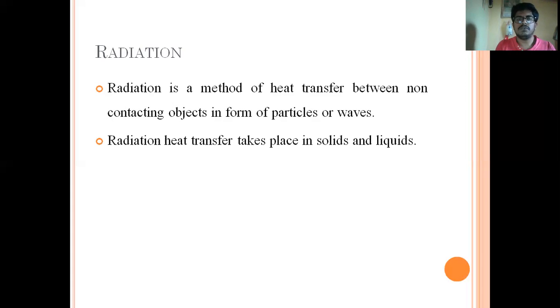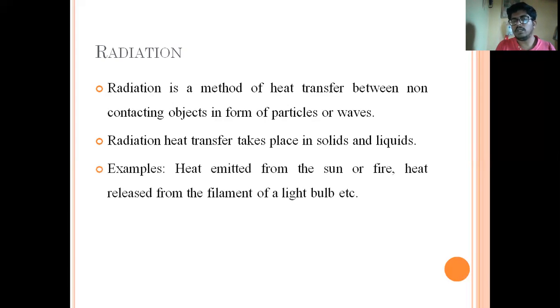The examples for radiation: the heat emitted from the sun or fire, or heat released from the filament of a light bulb. So these are the examples for the radiation mode of heat transfer.